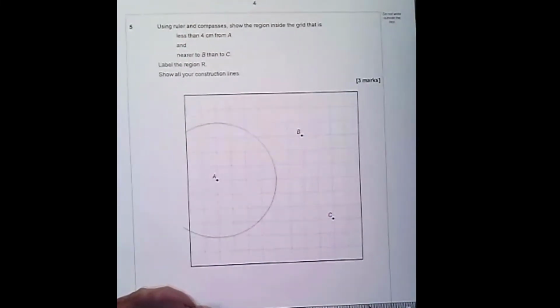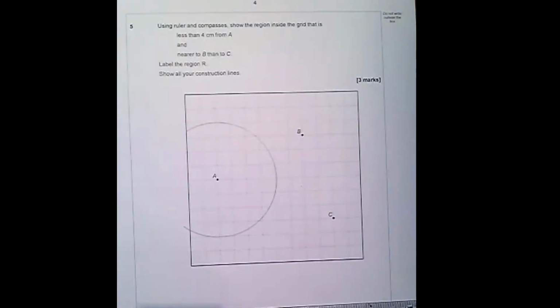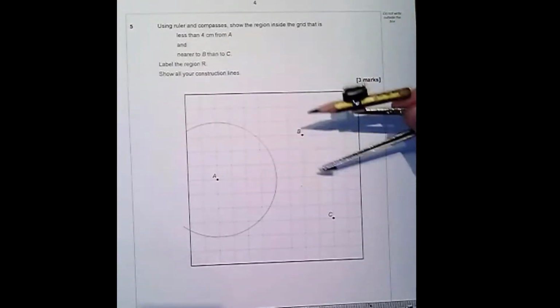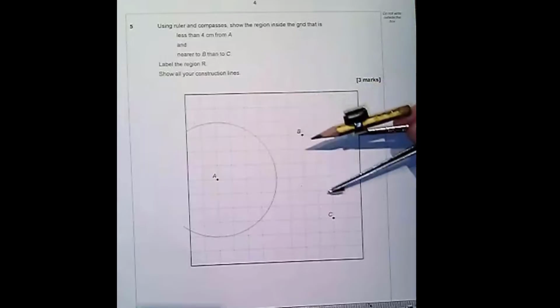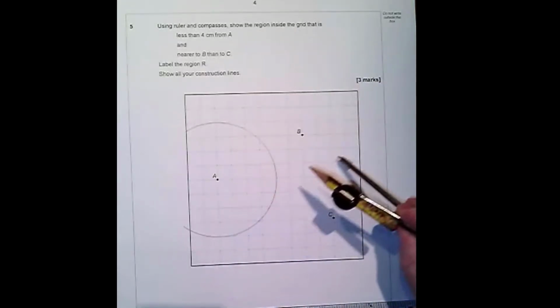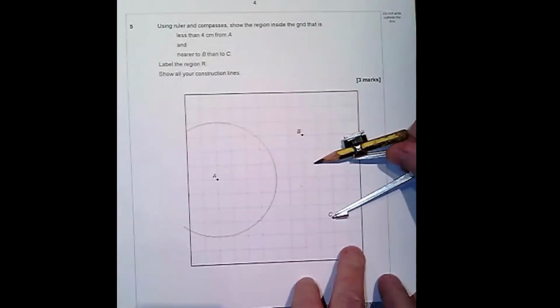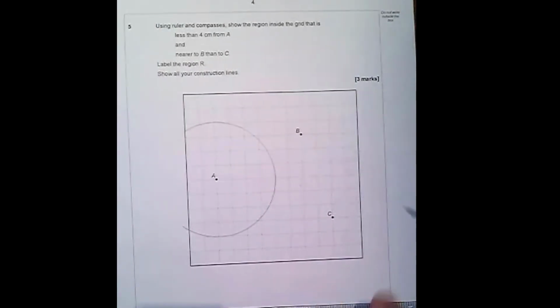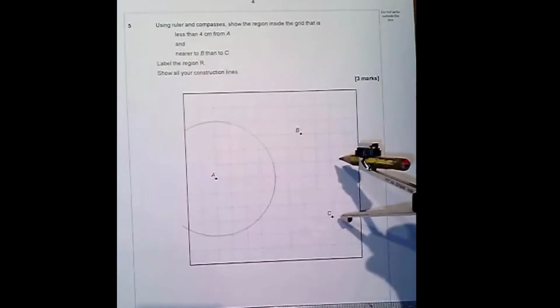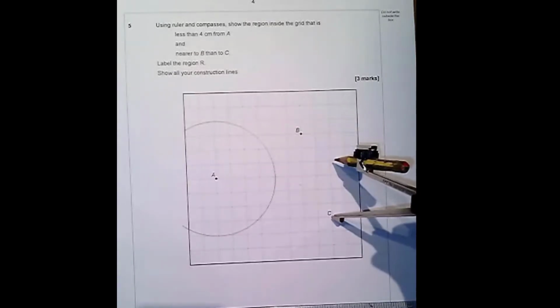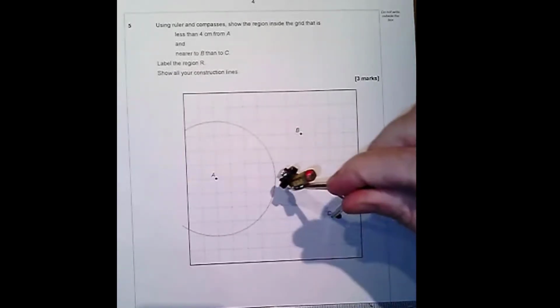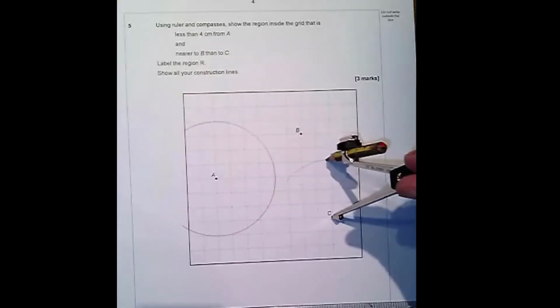Okay, job done. Right, now the next one says it needs to be nearer to B than to C. So here's B. So nearer to B is going to be halfway between them, which is, in other words, the perpendicular bisector of these 2 points. So make sure your compass is more than half of the distance between the 2 points and draw an arc from one of your points.